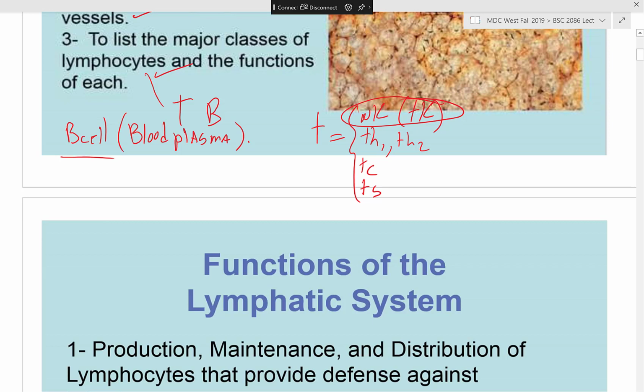So they are inside the blood, so blood plasma. Now, B cells come in different flavors, and the mnemonic is the D game. That's the mnemonic, D game. What's the name of the B lymphocytes that are found in the plasma? Plasma cells.